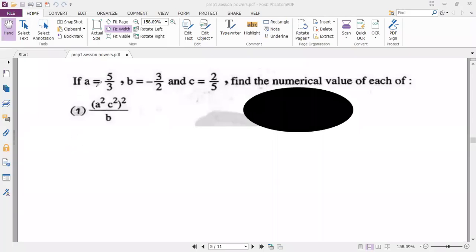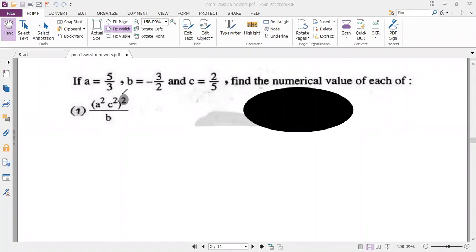If A equals 5 over 3, B equals negative 3 over 2, and C equals 2 over 5, find the numerical value of each of the following. A to the power of 2, C to the power of 2, all raised to the power of 2 over B. This power here is distributed on the top only.